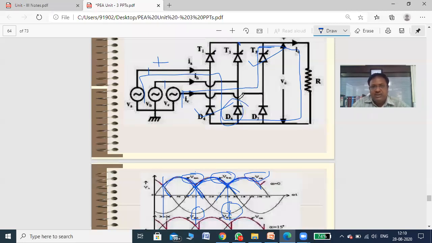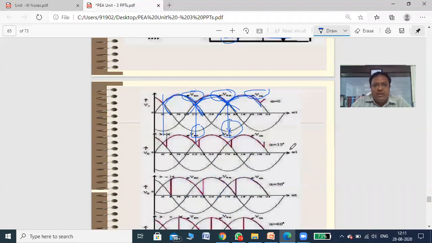T1 D6, T3 D2, and T5 D4, right? It is basically a pair of conducting devices, T1 D6, T3 D2, T5 and D4. If you increase the alpha, see here alpha is 15, right? So your minimum alpha is 30, right?